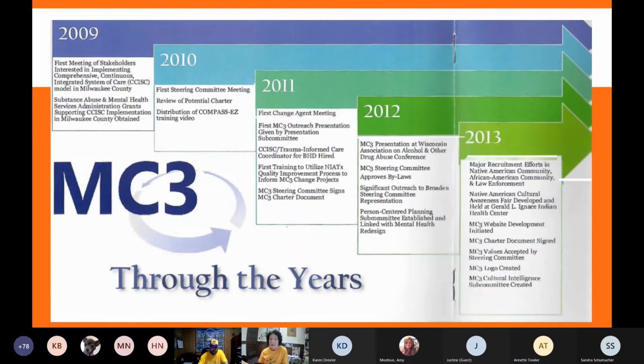Our committee meetings, as well as our change agent meetings, used to be held at different community agencies. So this in itself has been a change. Sometimes we were at Goodwill, sometimes at Grand Avenue Club, sometimes at the Radisson, so we were kind of a traveling change agent show throughout the community.